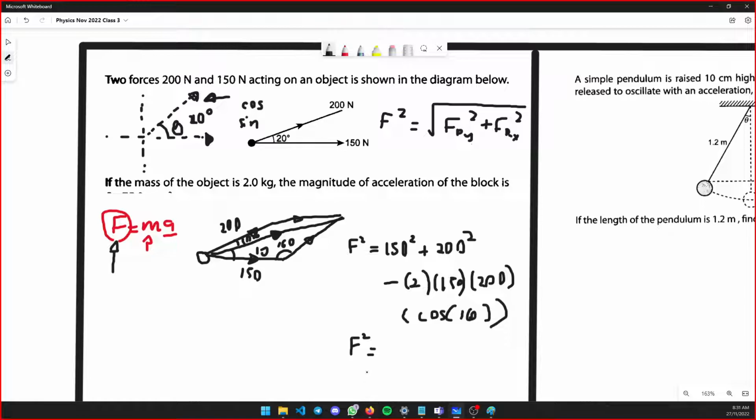I think it should be around 118.88 something. Is this what you guys get? Make sure your calculator is not set to radians, it's in degrees.